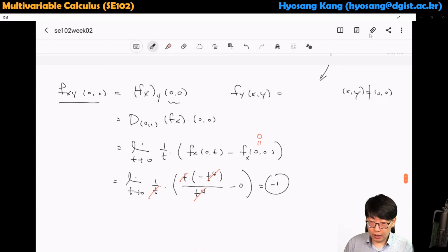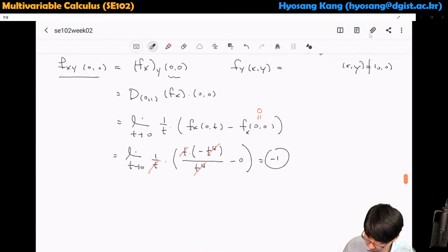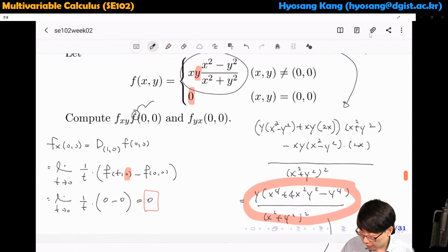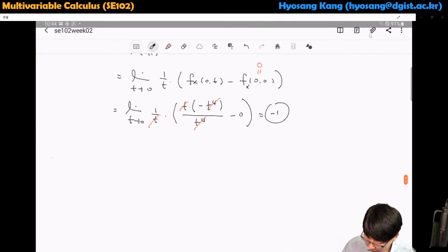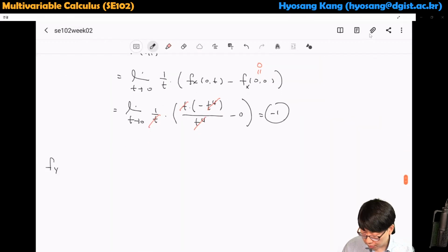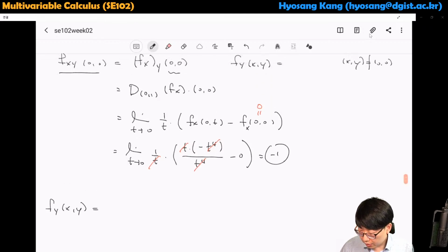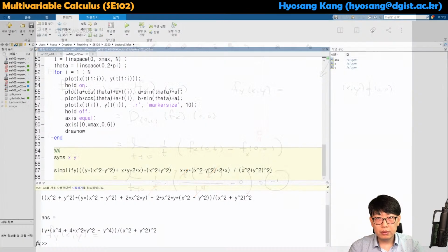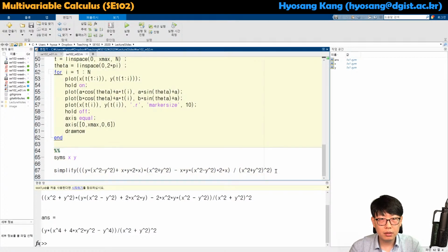So what if we take fyx? In order to do that, we actually need to find the formula of fy instead of fx. So let me do that. Let me also show you how to do this in MATLAB. It's very easy if you know the symbolic math toolbox. So let me go back to our code.